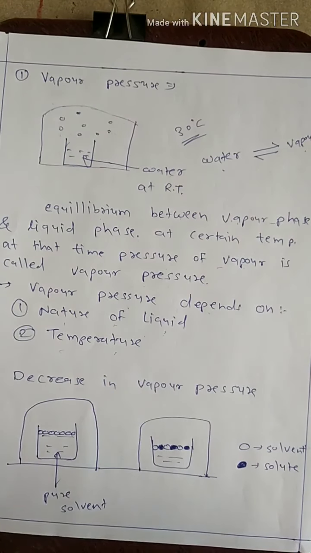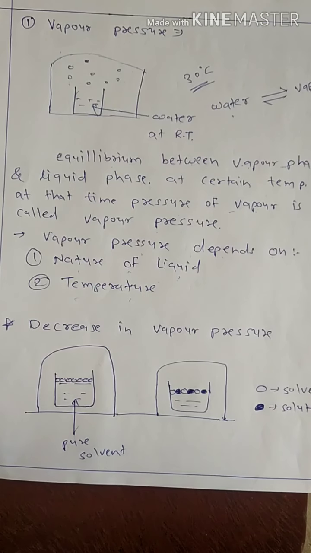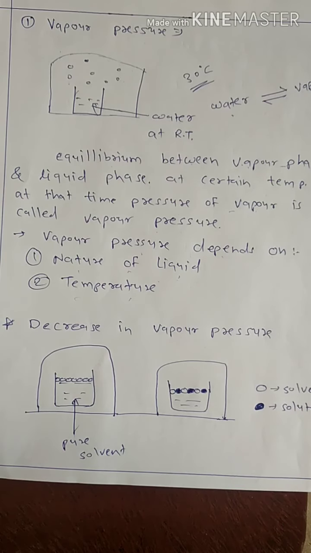Second point is temperature, the environment in which you put the liquid. Suppose I put water at room temperature, and the same water I put in a freezer. The vapor pressure will be different, because in the freezer the formation of vapor will be very much less.